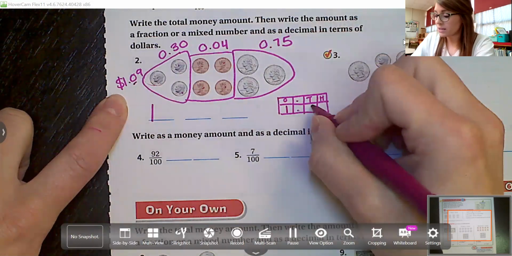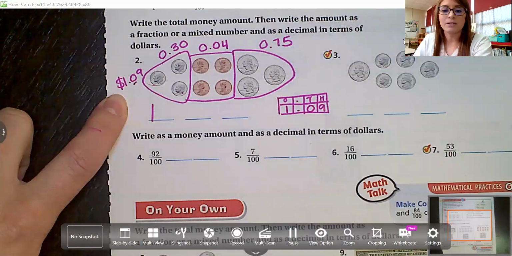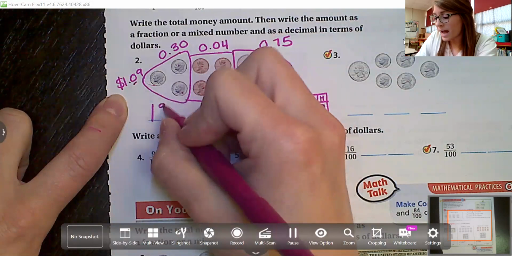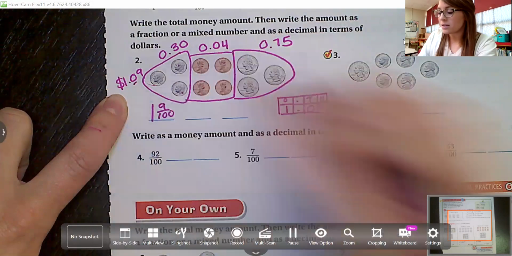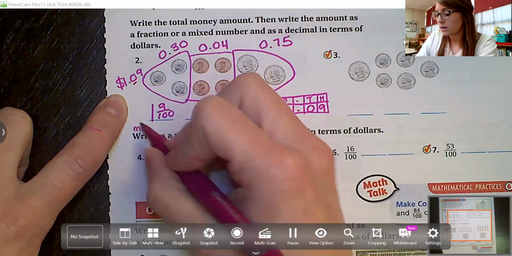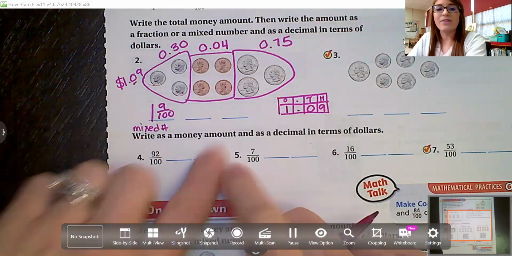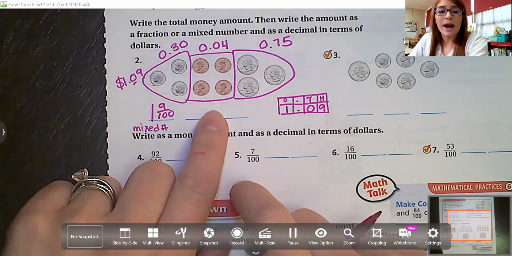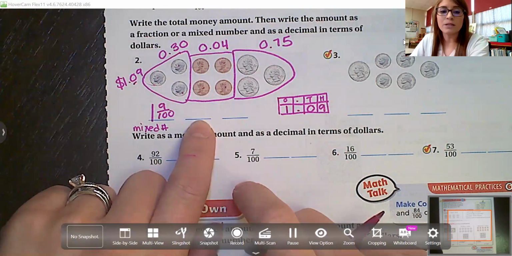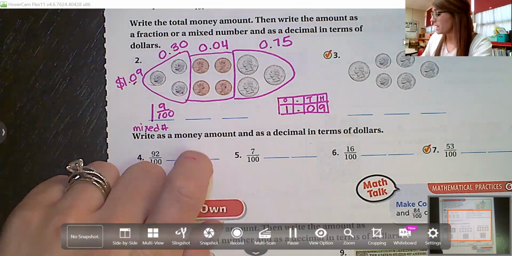No, I just have a 0. And then a 9 in the hundredths place. So I could write this as 1 and 9 hundredths. That's going to be our mixed number.